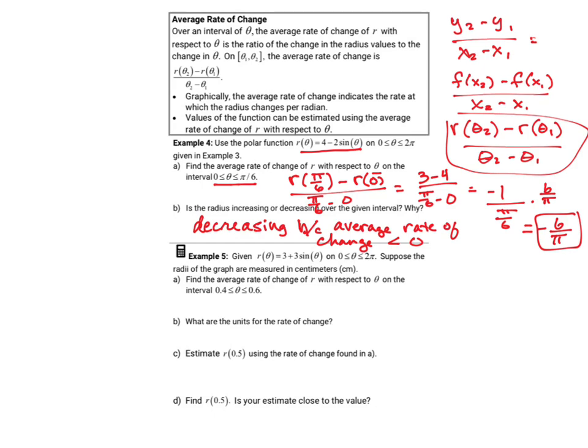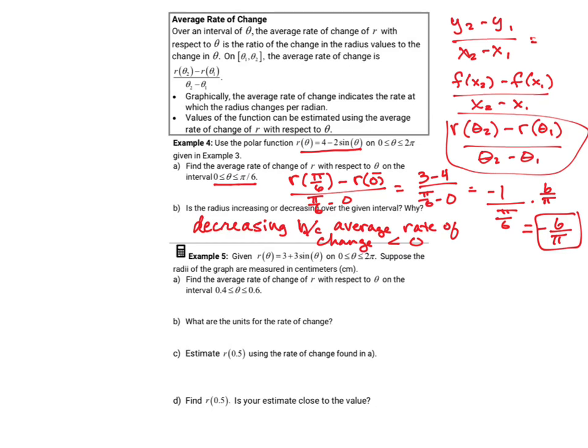Doesn't that make sense? It's decreasing because the average rate of change came out to be negative 6 over pi. It's negative. So that tells me that the rate of change of the radius is decreasing.